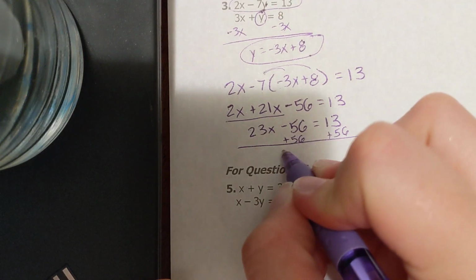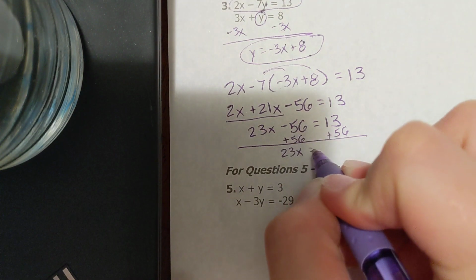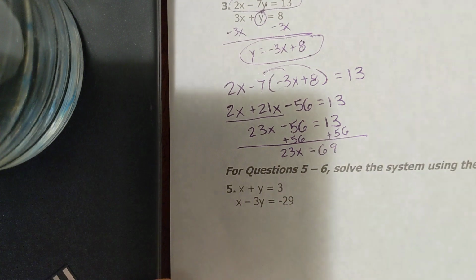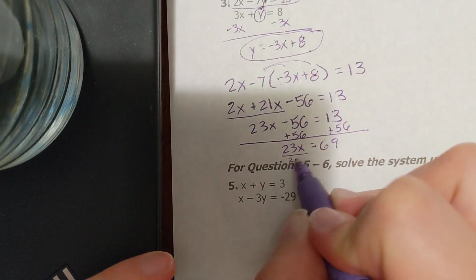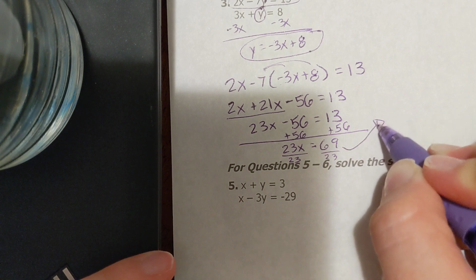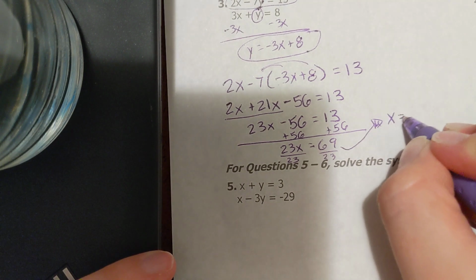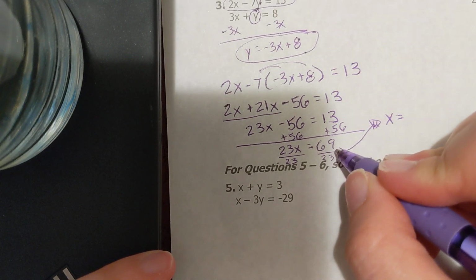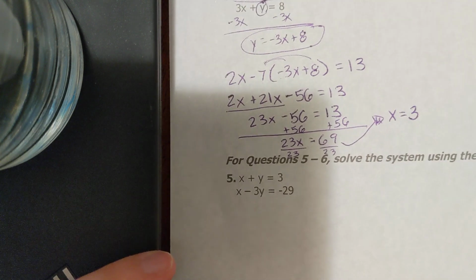Okay, so then I'm going to get 23x left over here and 69 here when I add. Last thing to do is divide both sides by 23. I'm running out of room, so I'm going to go over here. X is going to be equal to 69 divided by 23 is 3.